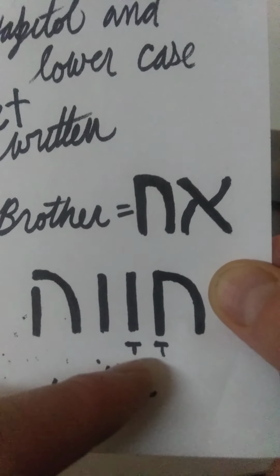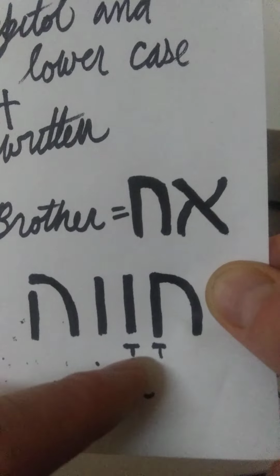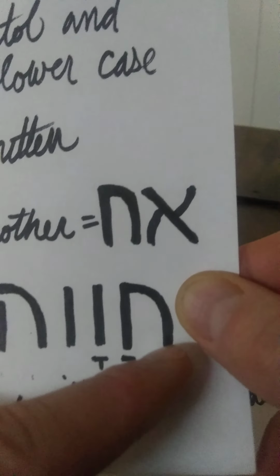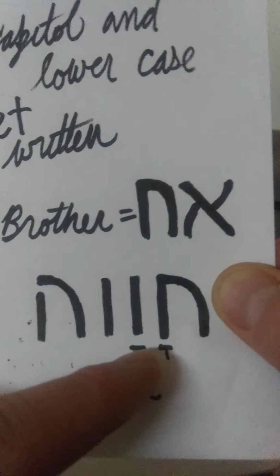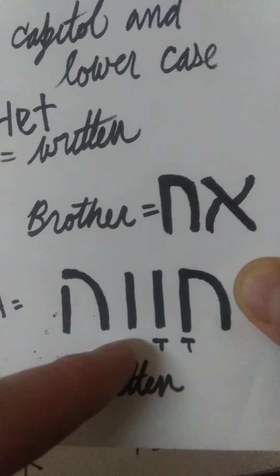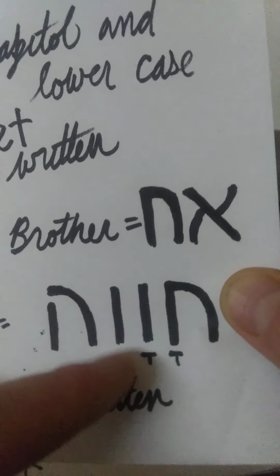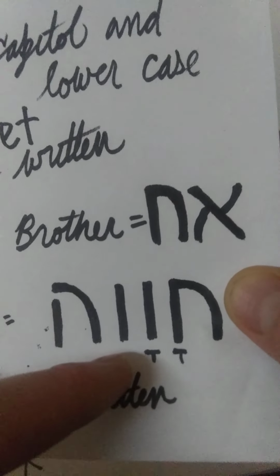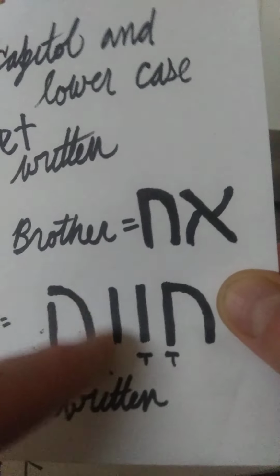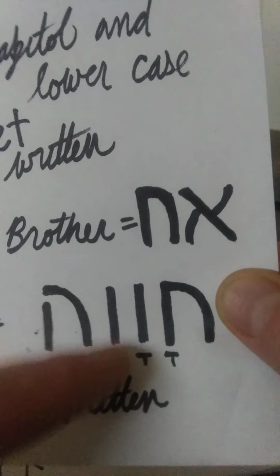So that would be another a sound or alef sound. This would be ha, ha, va. Yeah, cause there's no nikud on the second vav, so that vav just produces a V sound. When there's no nikud, it's just a V sound.